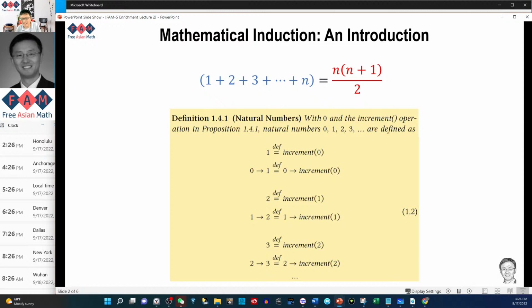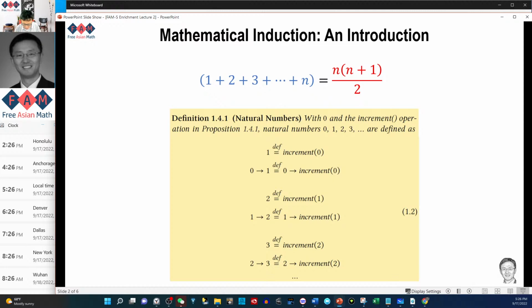So that's exactly the principle, the idea behind mathematical induction. And in fact, we will show later today our very definition of addition will also be based on this idea.